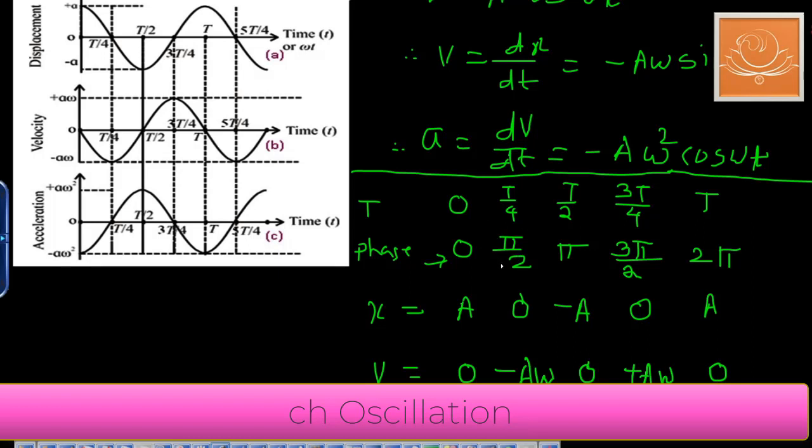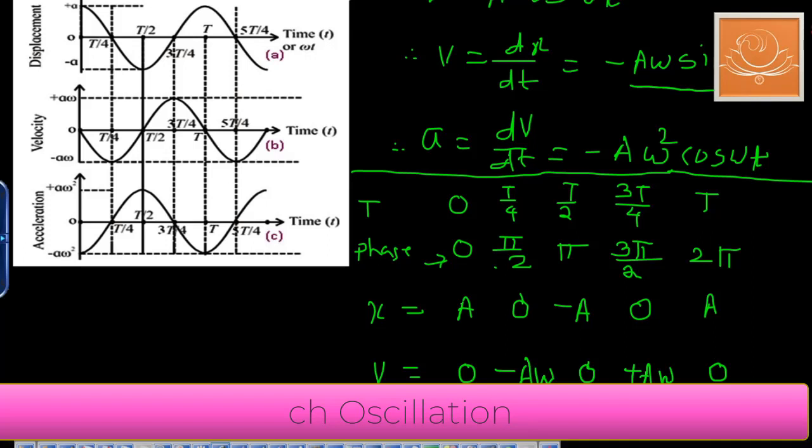If we substitute these phases in the equation, because sine of 0 equal to 0, velocity is 0. Sine of pi by 2 equal to plus 1, hence velocity becomes minus a into omega. Sine of pi equal to 0, hence velocity becomes 0. Sine of 3 pi by 2 is minus 1, hence velocity becomes minus a omega into minus 1, which is plus a omega. And again sine of 2 pi equal to 0.